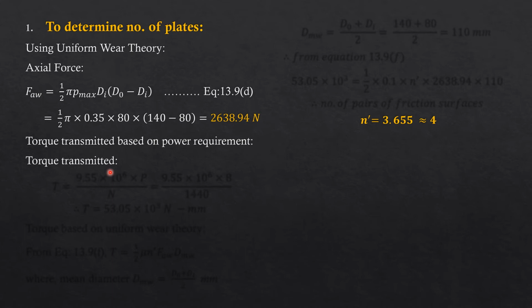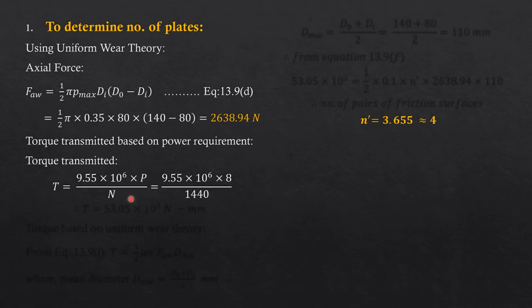Now let us begin by finding out torque based on the power that needs to be transmitted. You can find out T as 9.55 into 10 power 6 into power divided by RPM, which is nothing but power is equal to 2 pi NT by 60 into 1000. That same formula, when you rearrange, you will get it in this form, right?